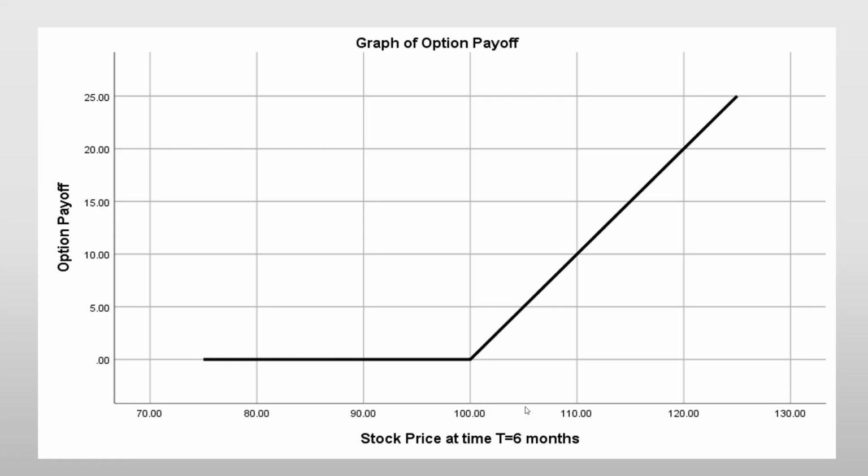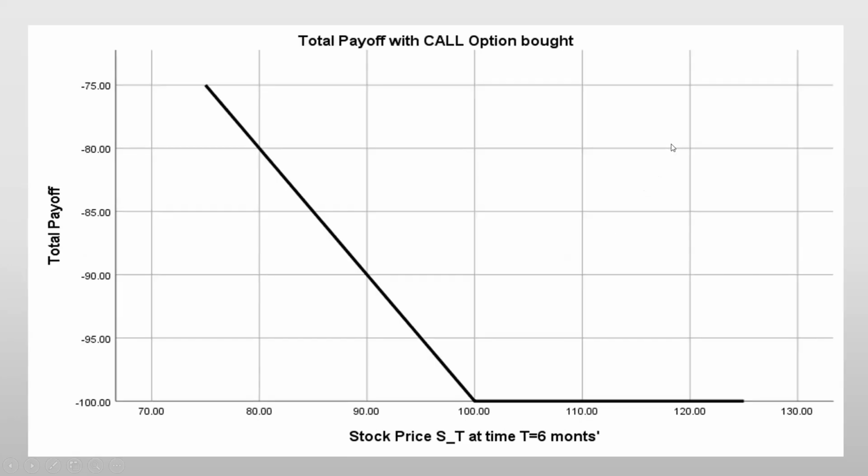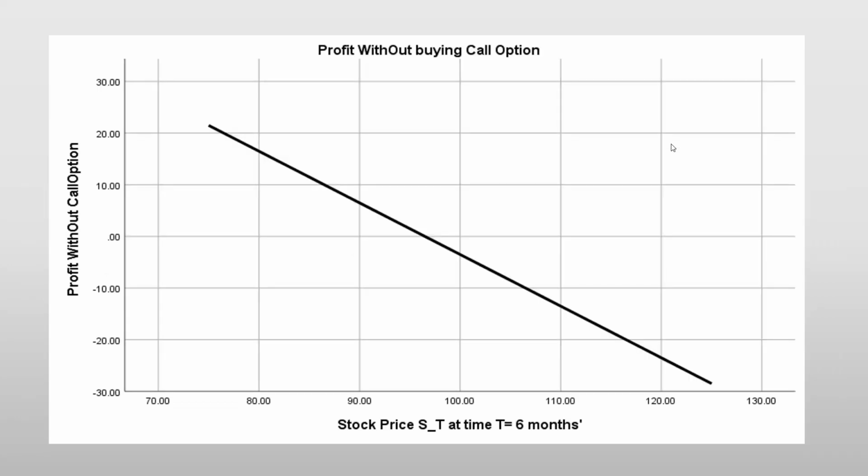When the stock price increases, the payoff from the option increases linearly. So that's the total payoff when we buy and exercise a call option. The minimum payoff that we can have at time T equals 6 months is $100. So that's the profit curve without buying a call option.